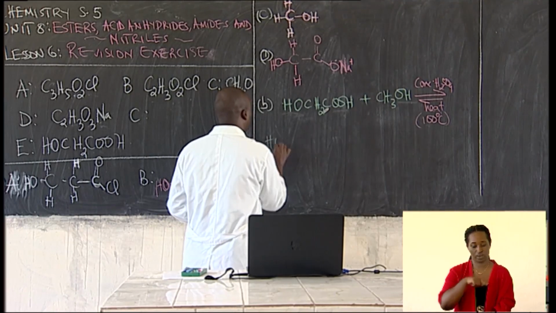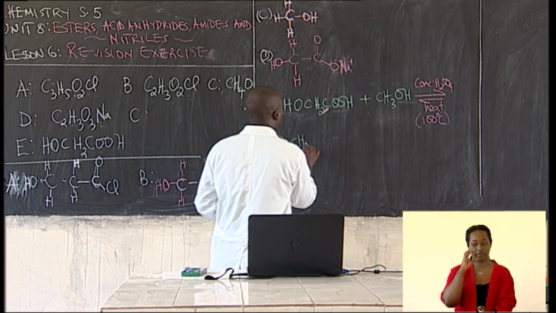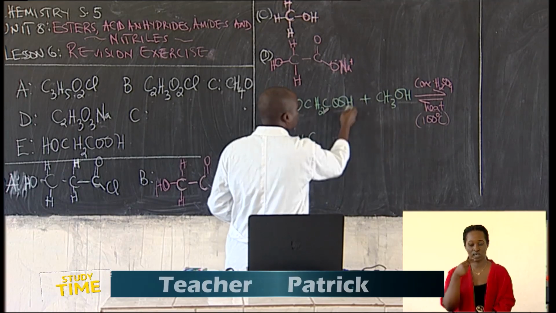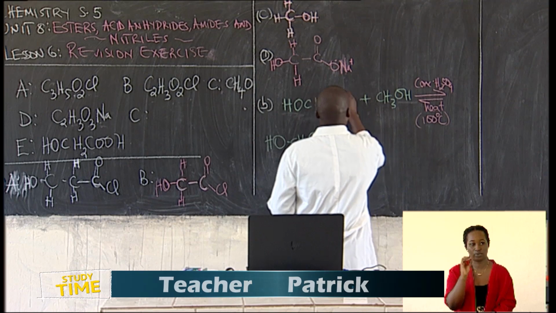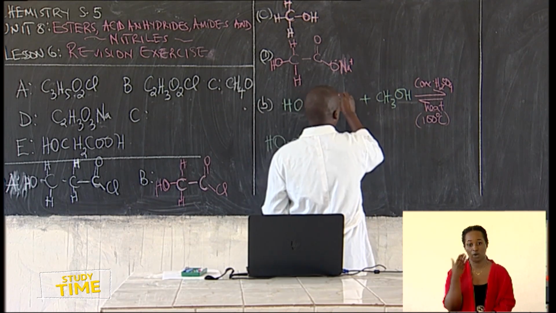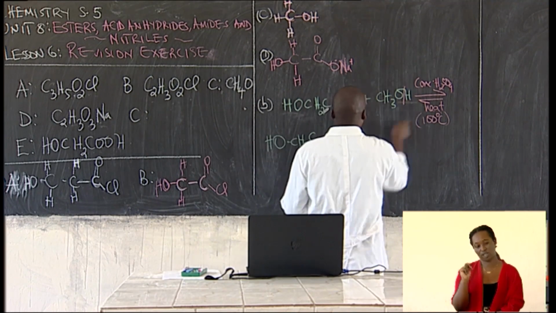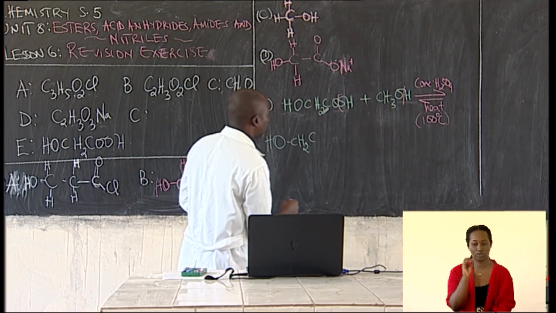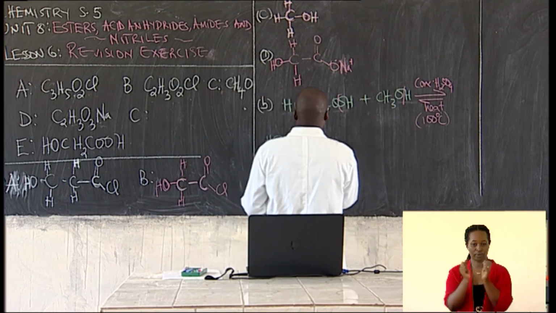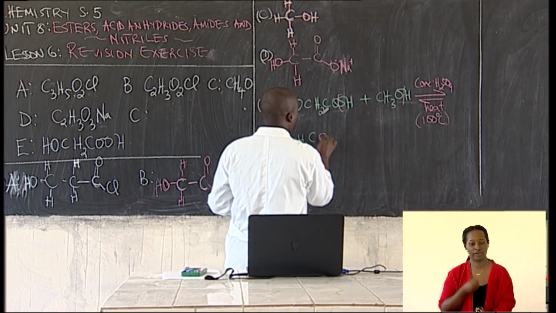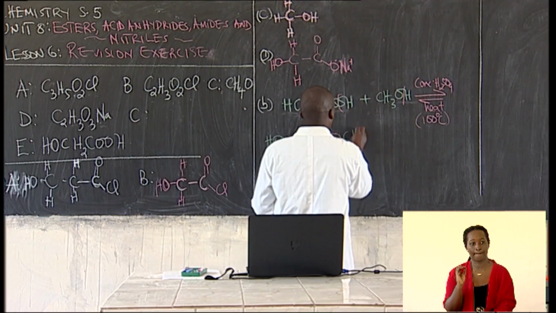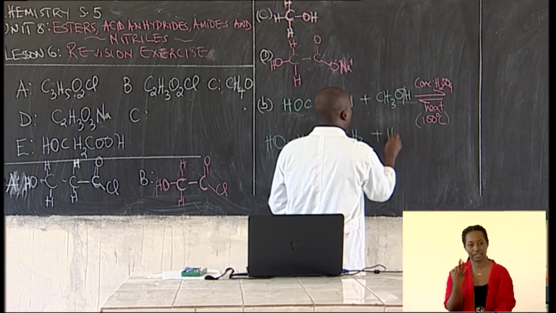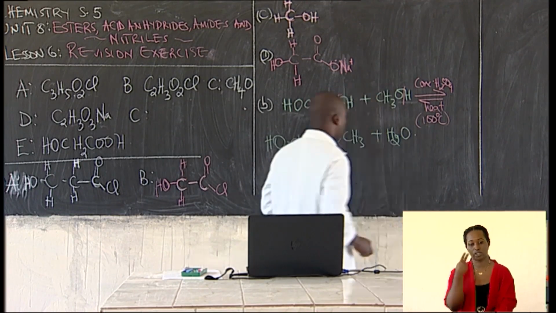So this is HO, CH2, C. You remember this hydrogen, the oxygen here and the hydrogen here will combine together. So we'll have COO, CH3 plus the water molecule.